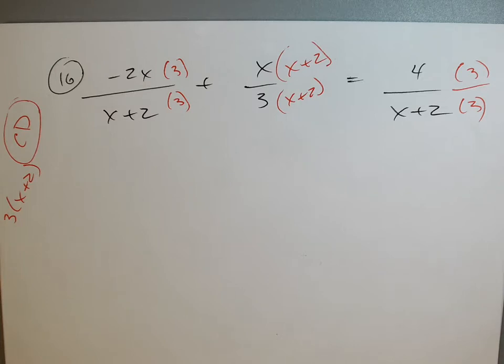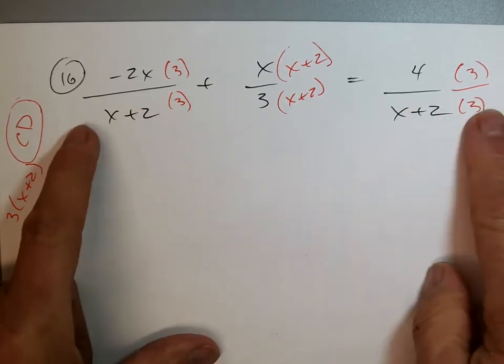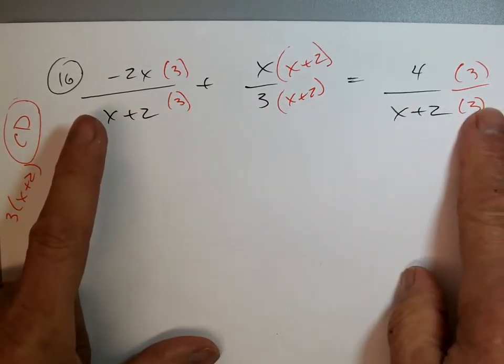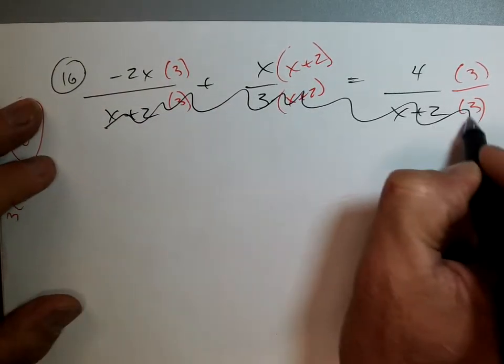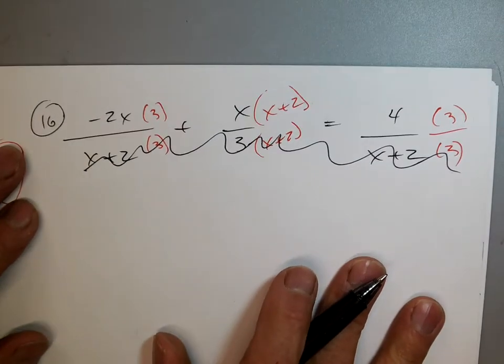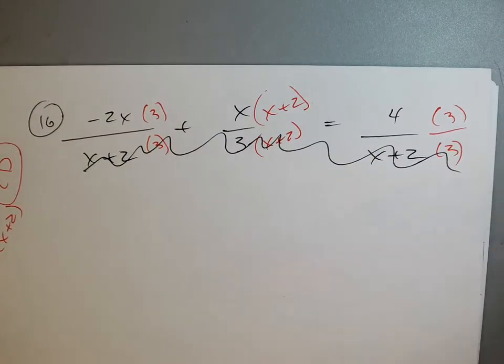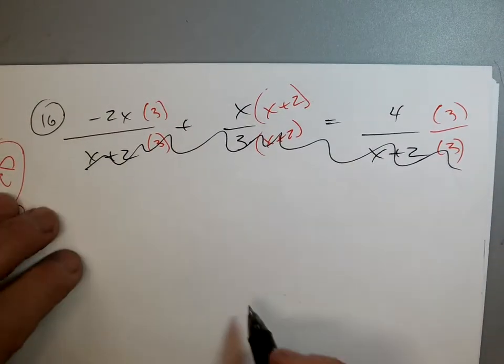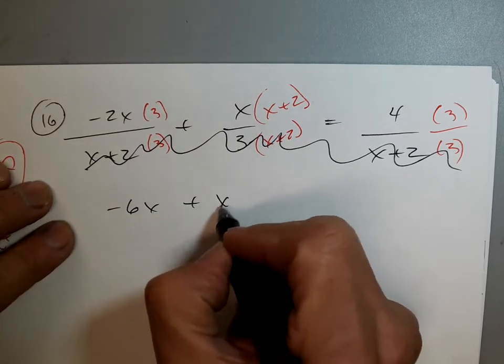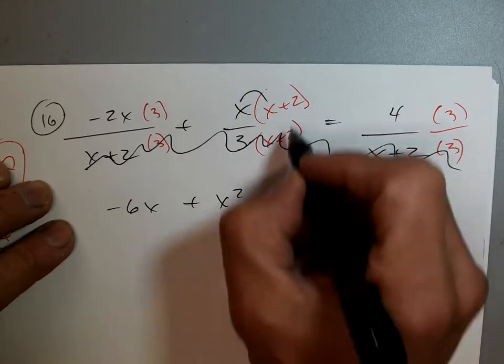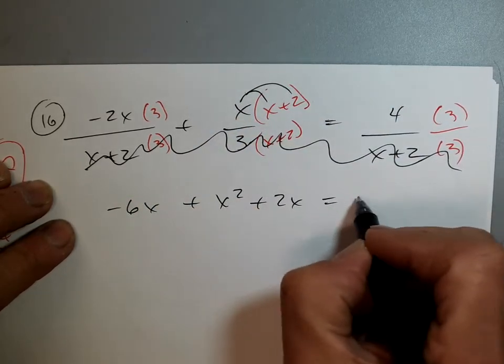Now, we learned a couple of days ago, once you get that common denominator, I can just get rid of it. Do you remember how I did that? Once you get that common denominator, you can get rid of it, and the reason why is if you multiply both sides by that denominator, it cancels out. So now I'm left with a negative 6x plus an x squared plus a 2x equals, so I just crossed it out.